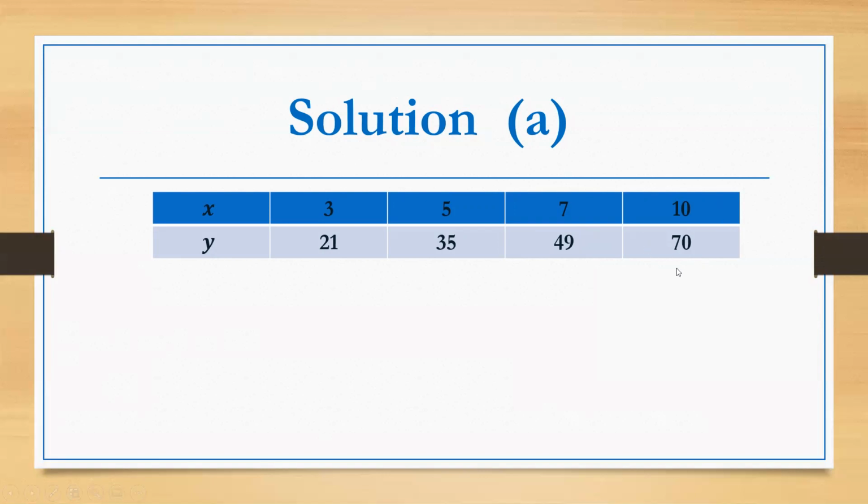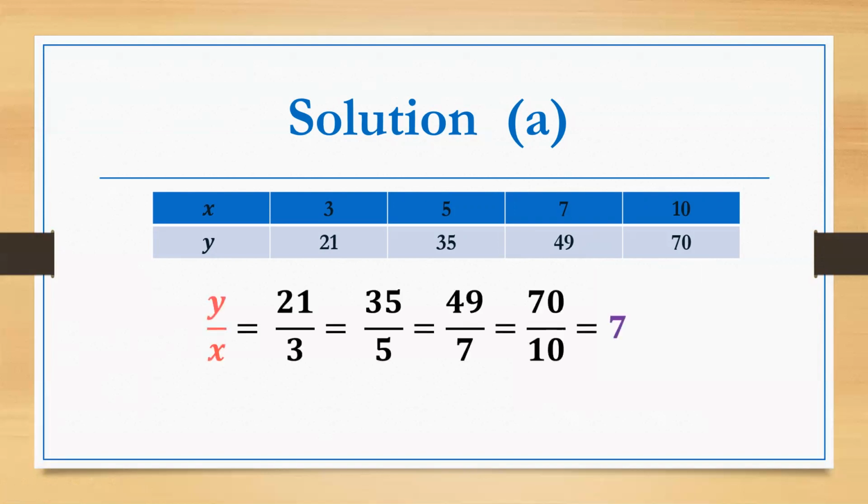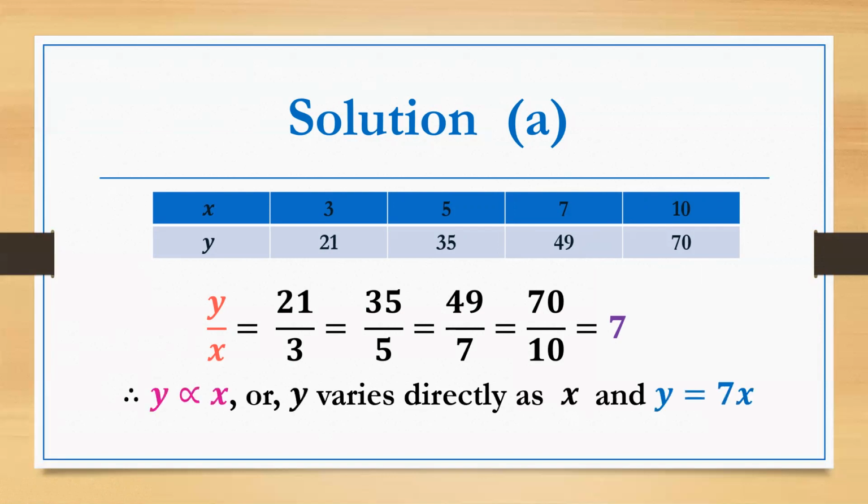And finally, 70 over 10, which is 7. So we can see that y over x is equal to 7 for the different columns. We can therefore say that y varies directly as x. And the equation connecting y and x will be y equal to 7x.